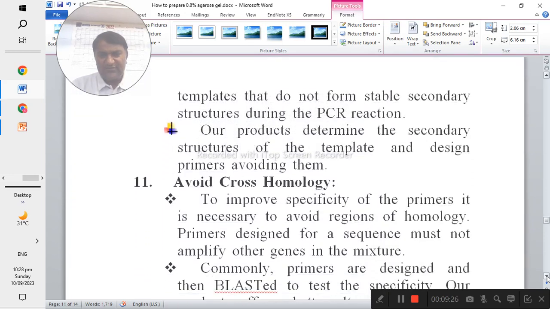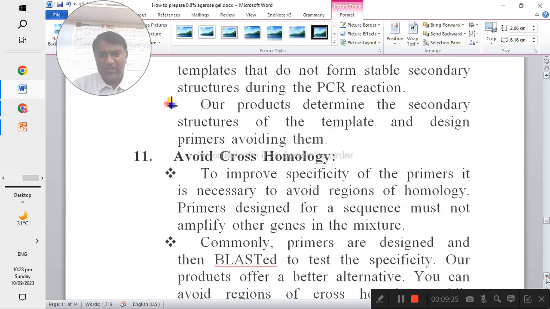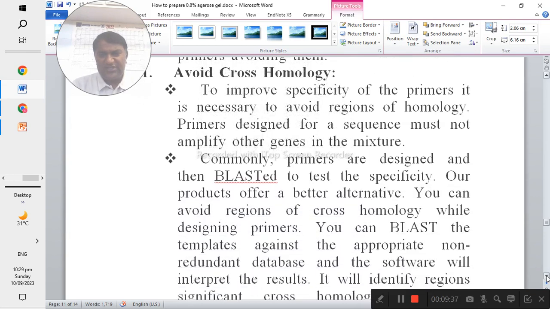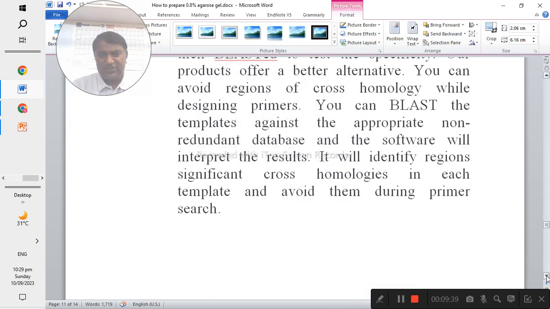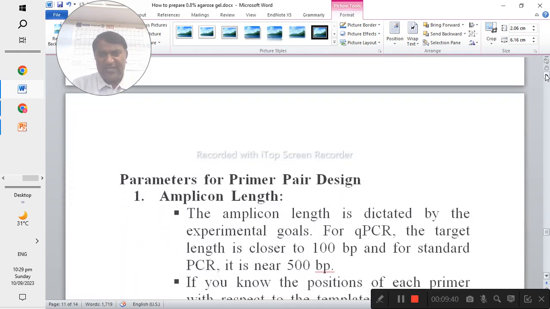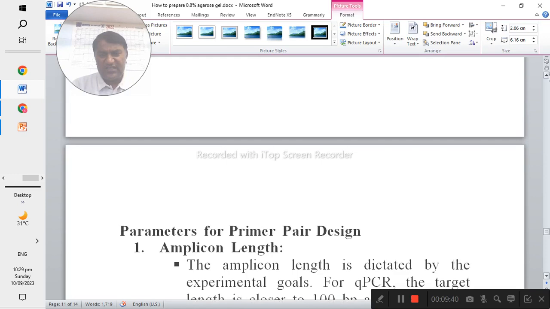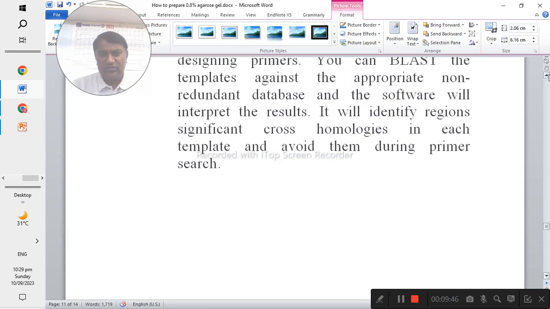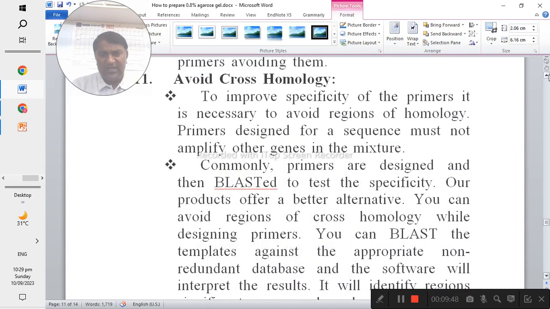So next, avoid cross homology. To improve the specificity of the primer it is necessary to avoid regions of homology with other sequences. You can see the structure here.